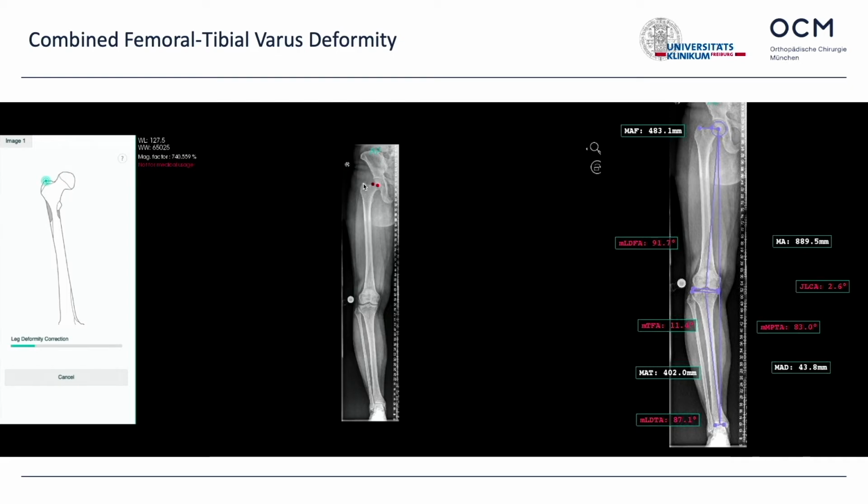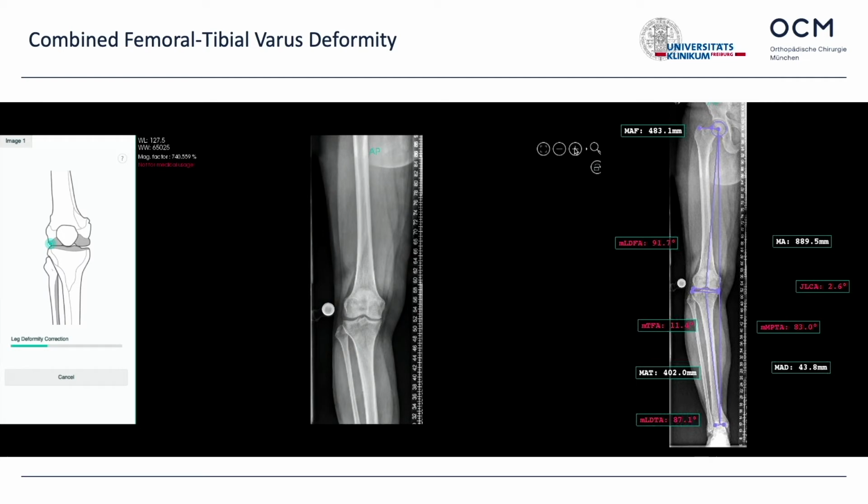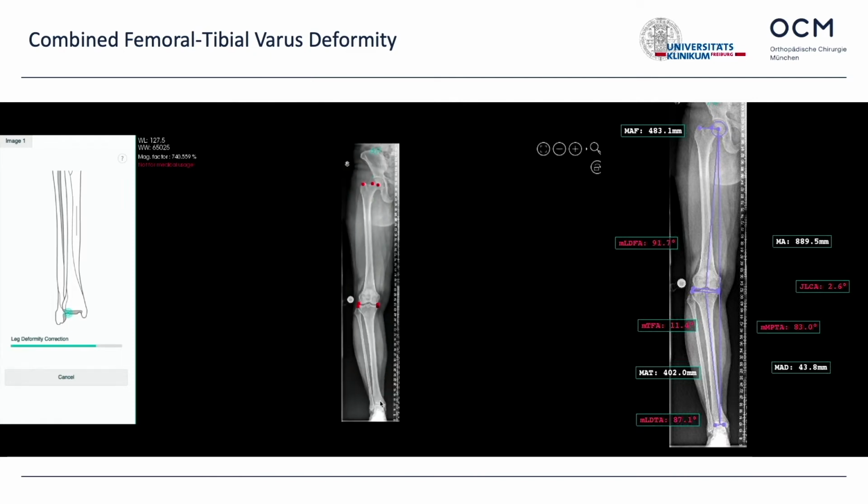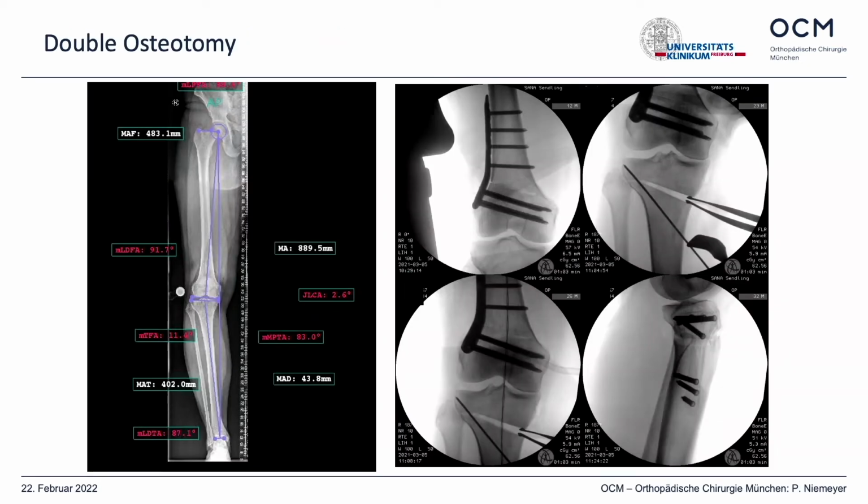And in cases of combined femoral and tibial varus or valgus deformity, we have learned that also double osteotomies or double level osteotomies come into play. So we definitely recommend, and we learned that this makes sense, to actually apply 2 osteotomies in these patients in order to avoid oblique joint line consequence.